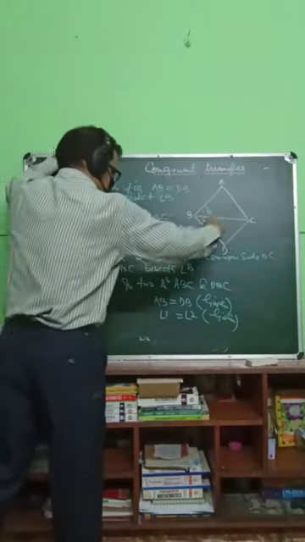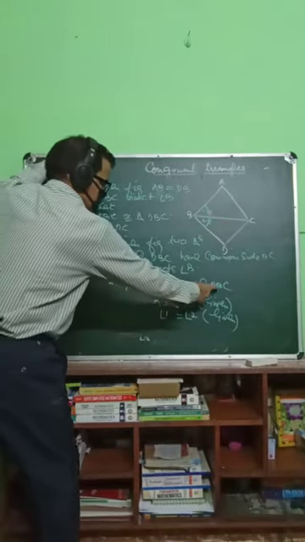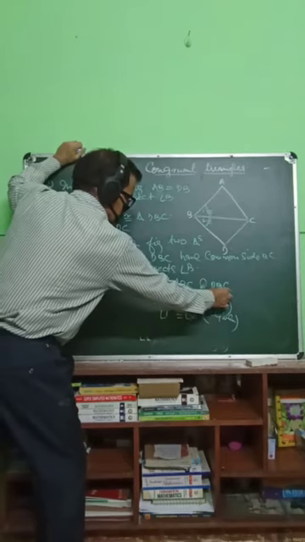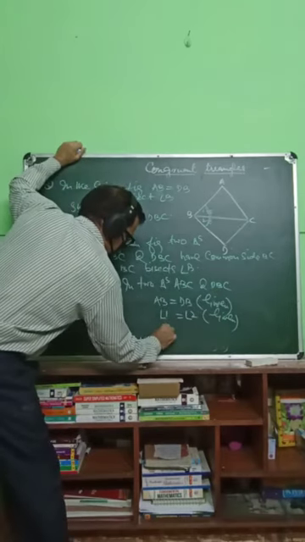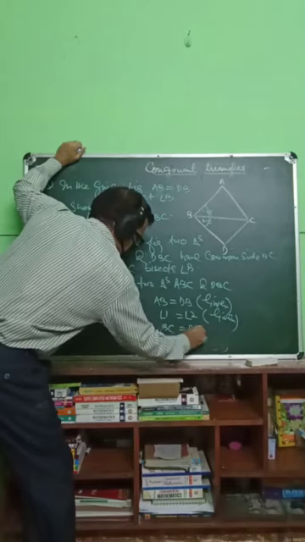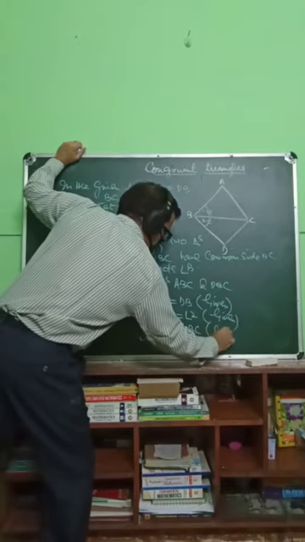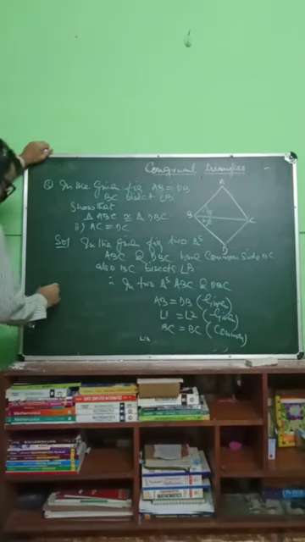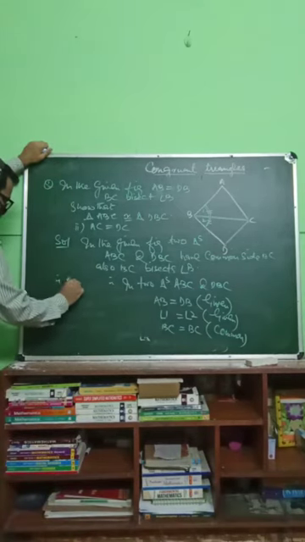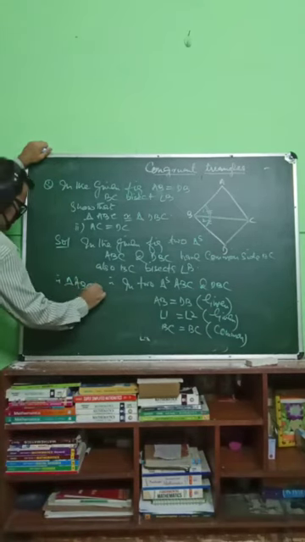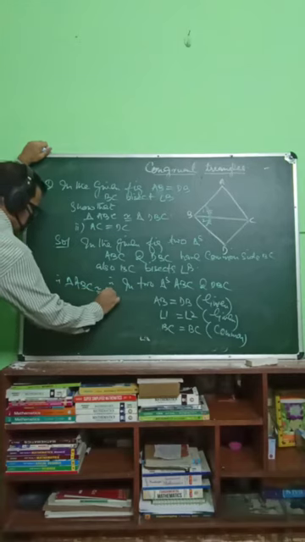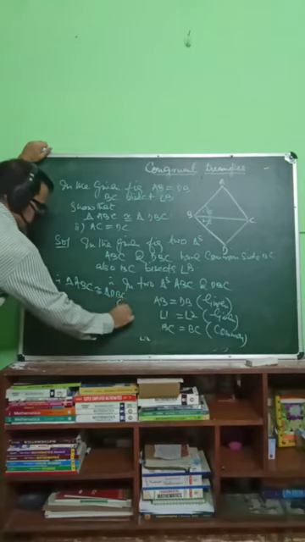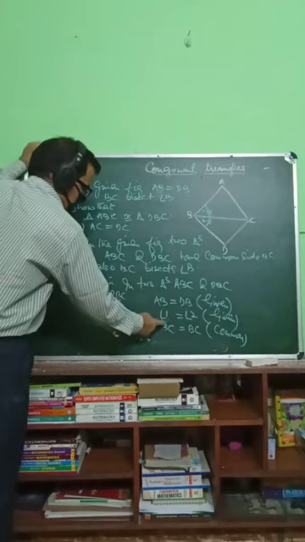And BC is equal to BC. It is common. Therefore triangles are congruent. Therefore triangle ABC is congruent to triangle DBC by rule of side angle side.